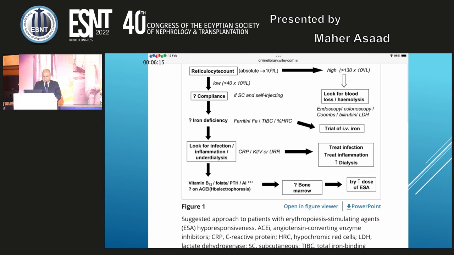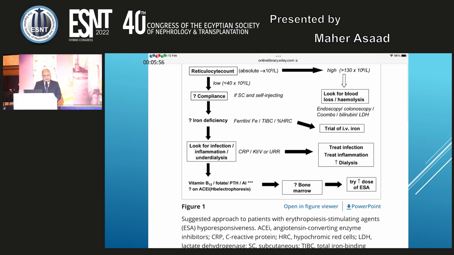We also should be checking the compliance of the patient on taking his erythropoietin. Sometimes the subcutaneous injection is painful and can cause some local burning in some patients.